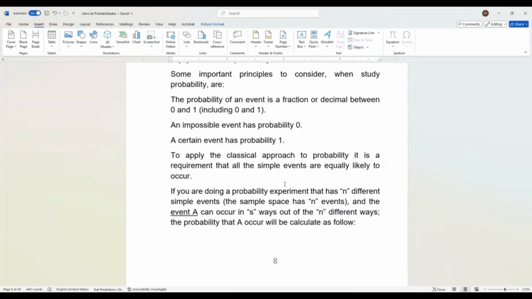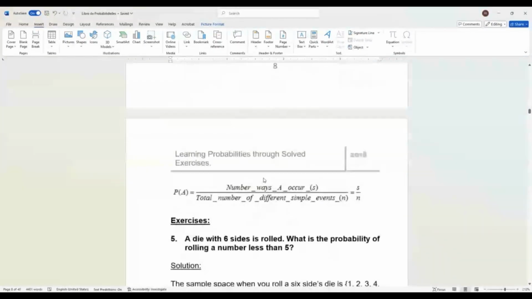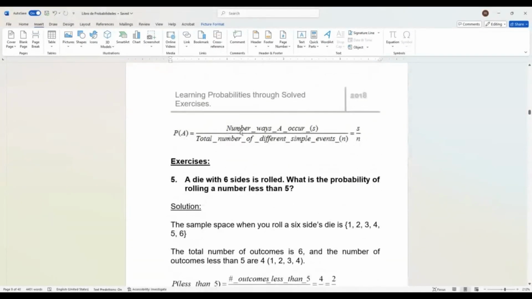The probability that A occurs is calculated as P of A equals the number of ways that A occurs, which is s, over the total number of different simple events, which is n. So the probability of A is s over n.